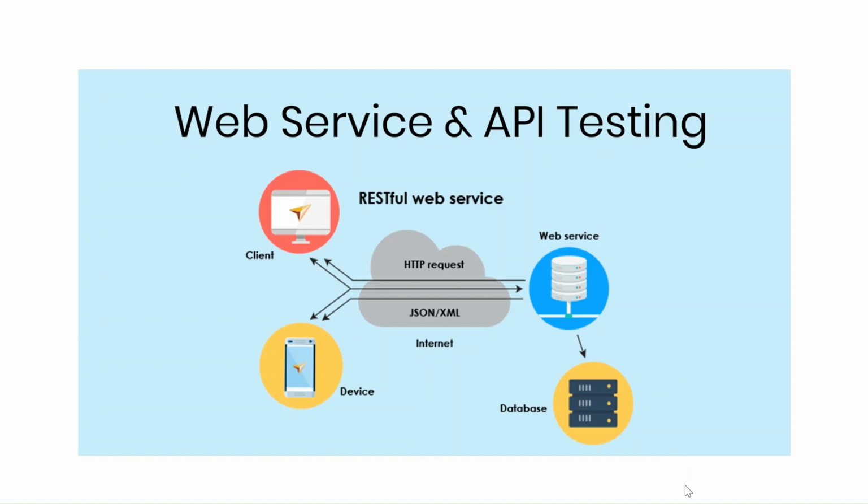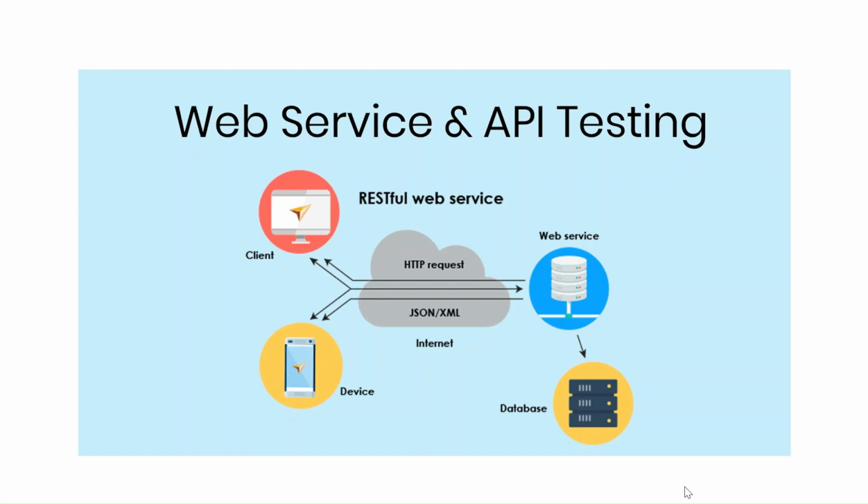There is a small difference between web service and API. An API is a set of rules or tools to build a software application. We put an intermediate layer between a client and a server, so the web API acts as an intermediate between client and server.